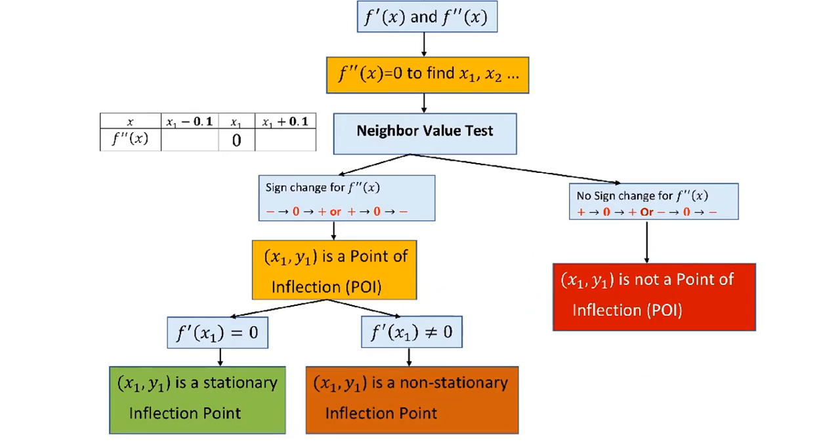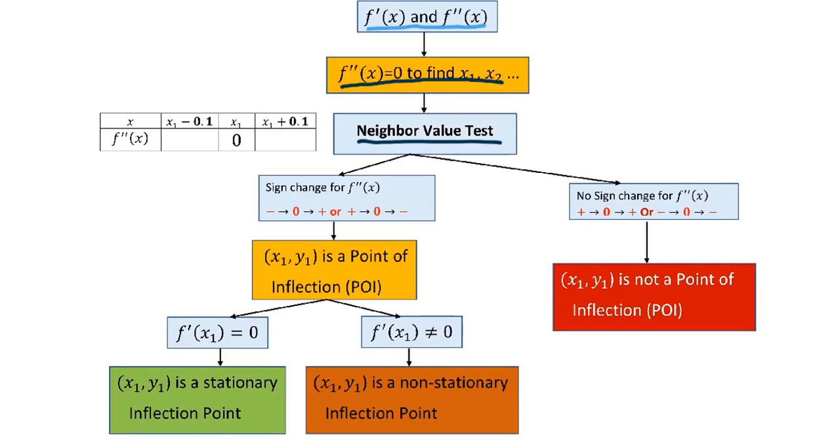Another application of the second derivative is to figure out whether a point is a point of inflection. First, get the first and second derivatives. Set the second derivative equal to 0 to find the roots. Then do a neighbor value test.